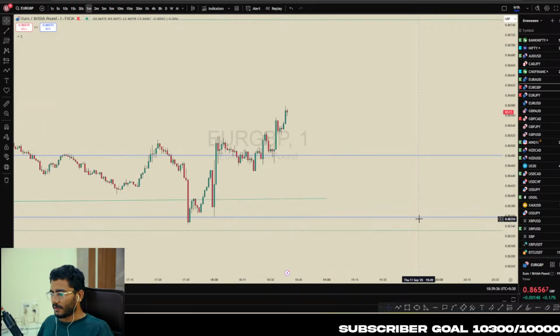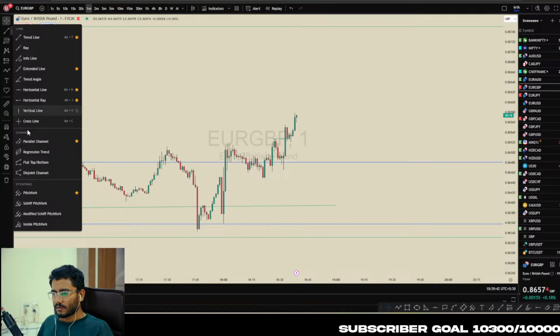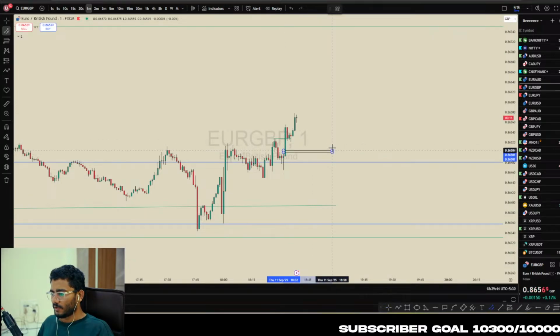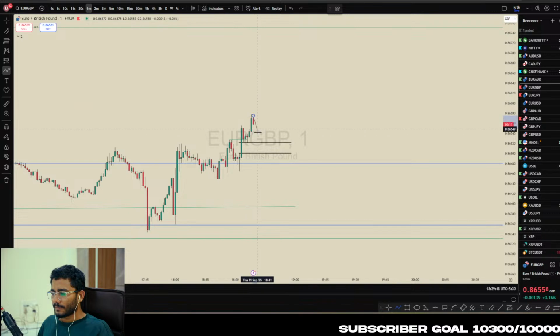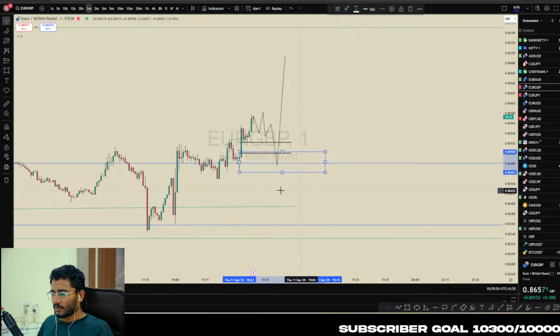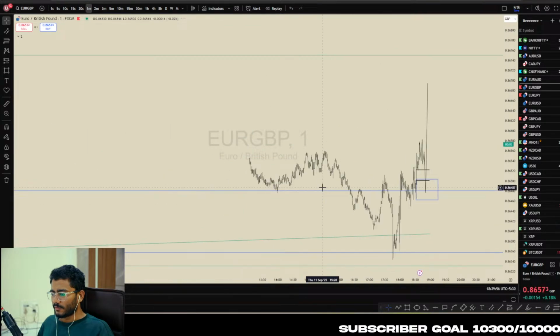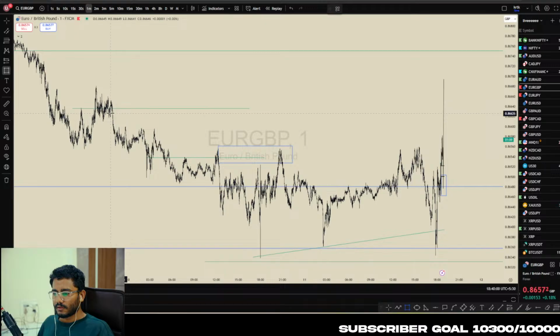So if you look at 1 minute, price broke the structure here. We have this imbalance. We want price to create some kind of liquidity. Then we can look for entry from this order block over here. This order block took out the previous liquidity. We have higher time frame imbalance, higher time frame order block to the left side.